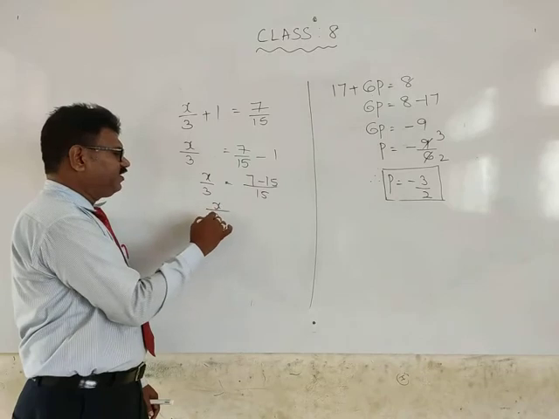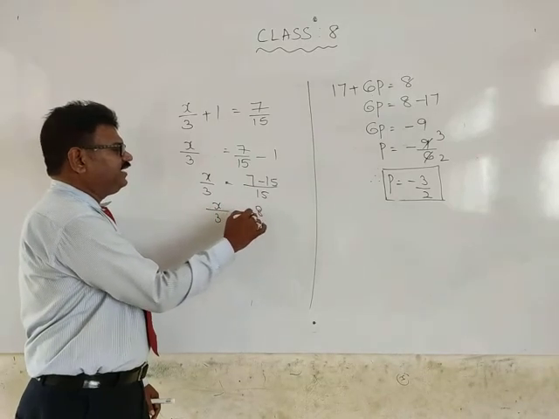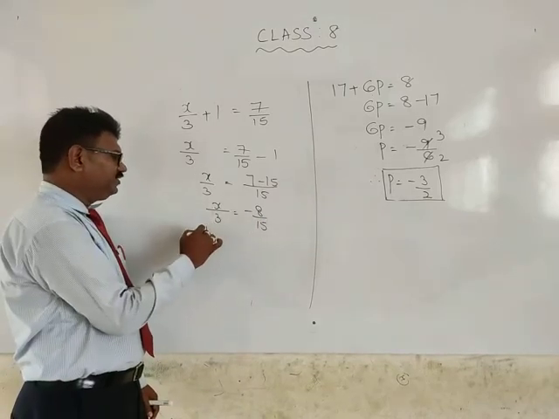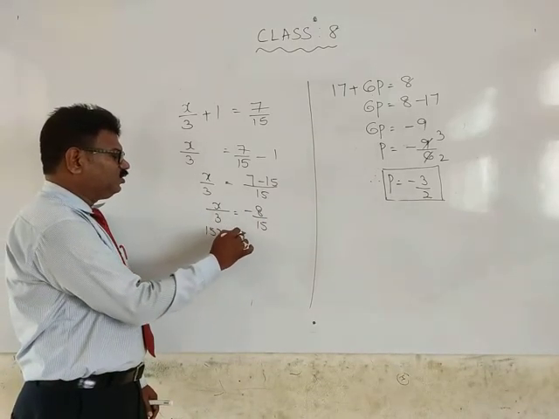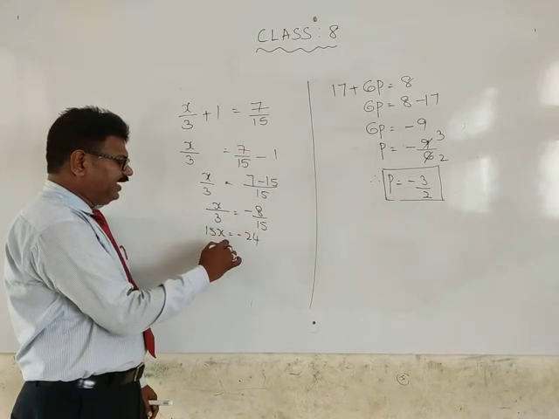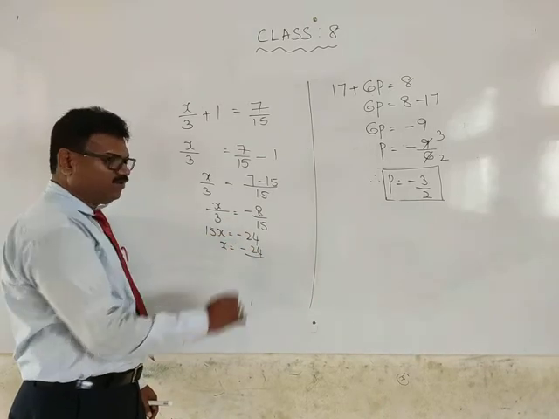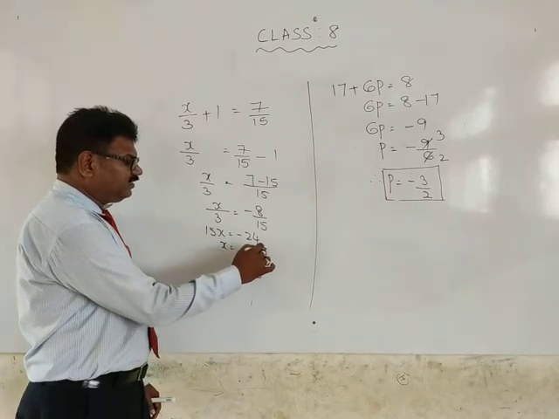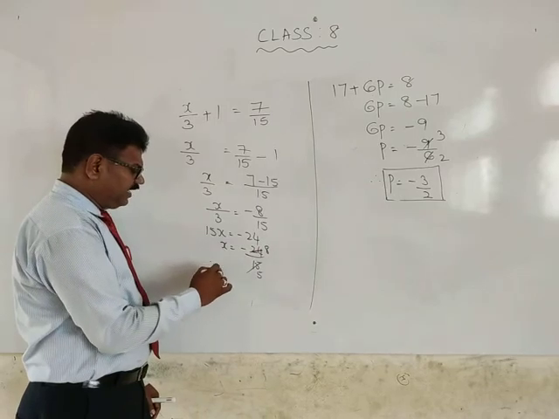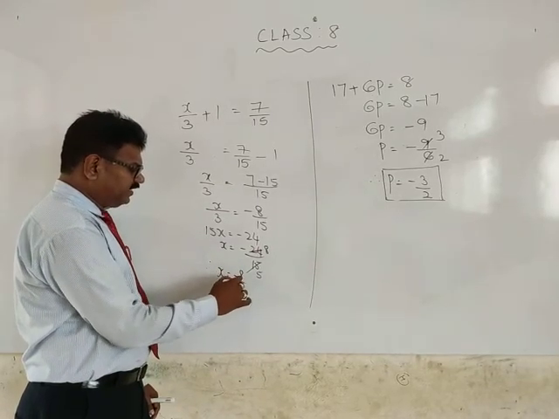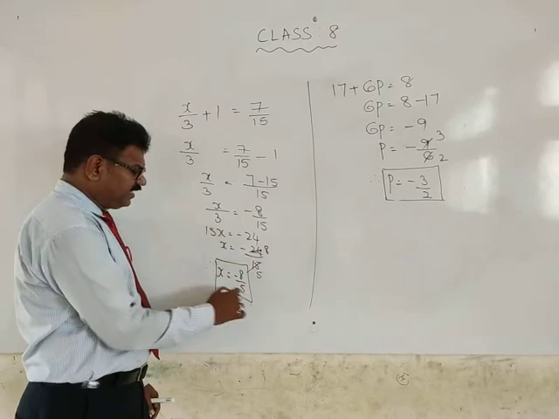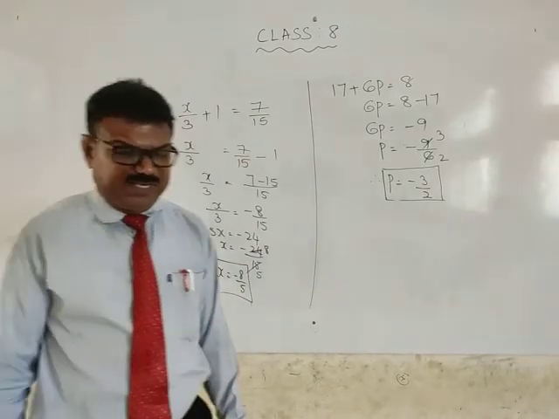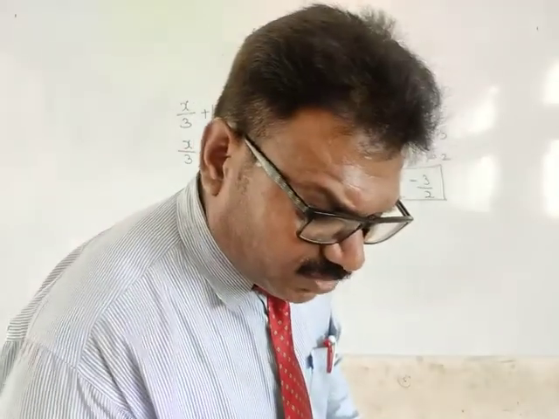Therefore, x by 3 equal to minus 8 by 15. Now cross multiplication. 15x equal to minus 24. x equal to minus 24 by 15. 3 fives are 15, 3 eights are 24. Therefore, x equal to minus 8 by 5 is the answer. Did you understand? So we should solve the problems like this. Without any hesitation, we should solve like this.